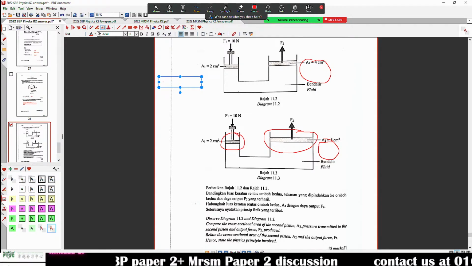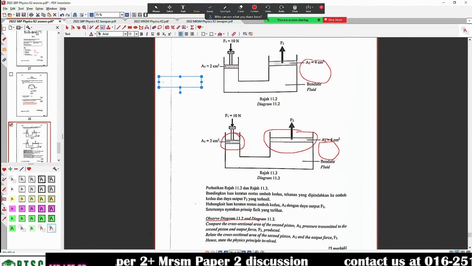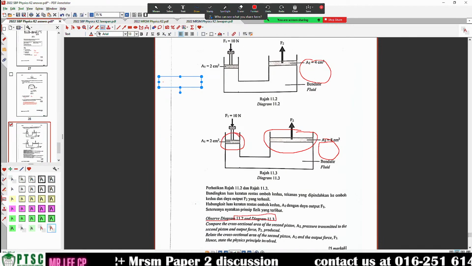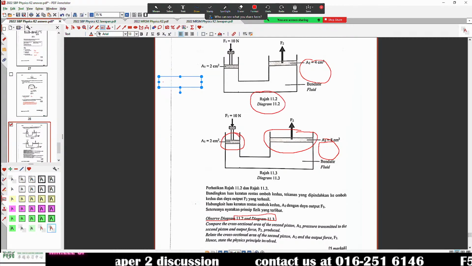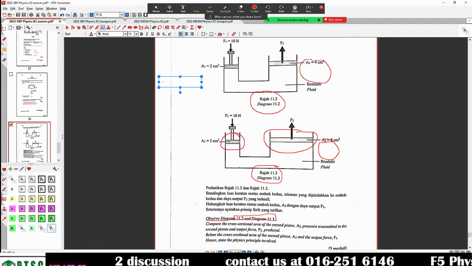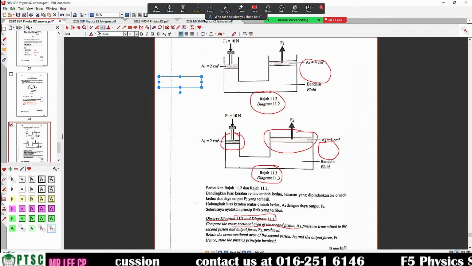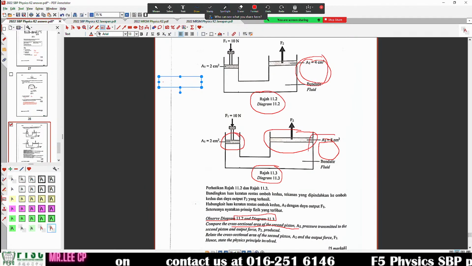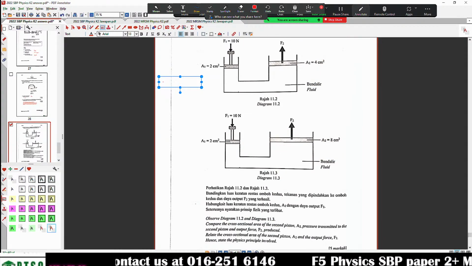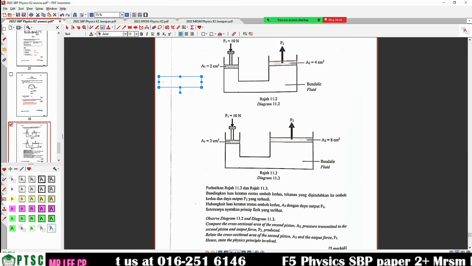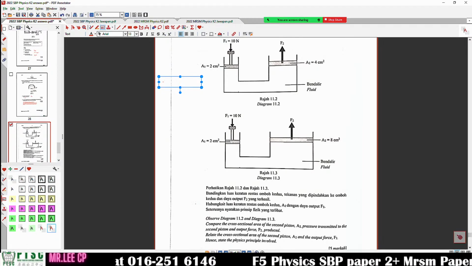They observe 11.2 and 11.3. Compare the cross-sectional area of A2. If you don't answer with 11.2 and 11.3, how am I going to give you the mark?